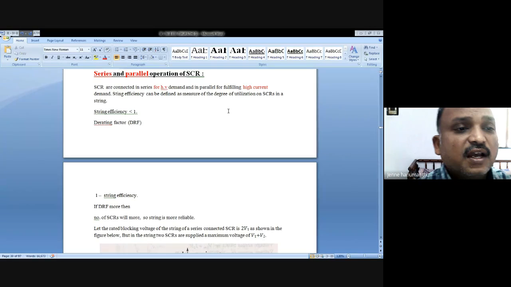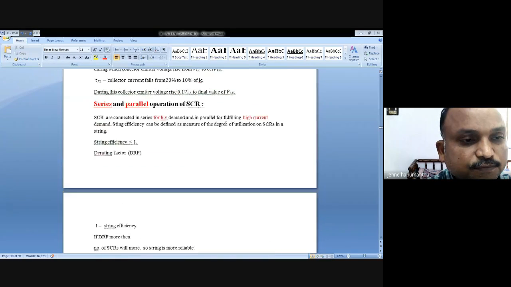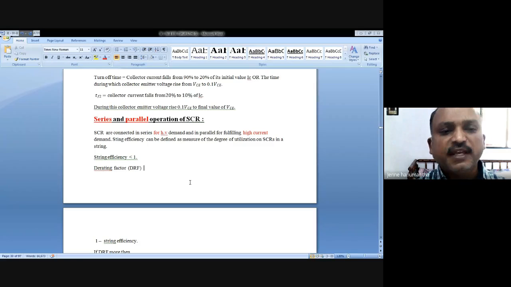Okay, and here there is one definition we want to follow: string efficiency.